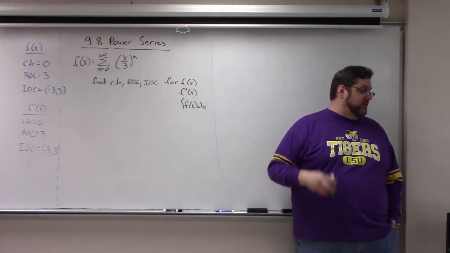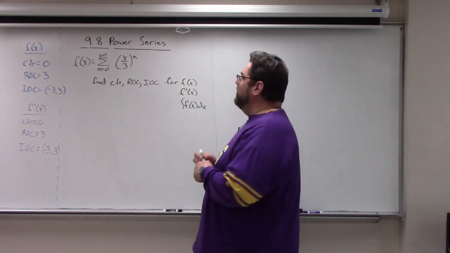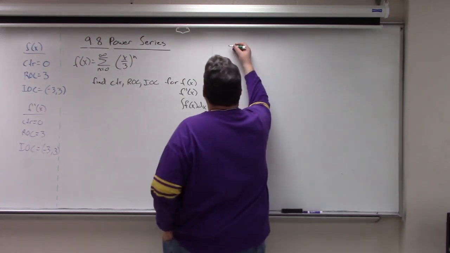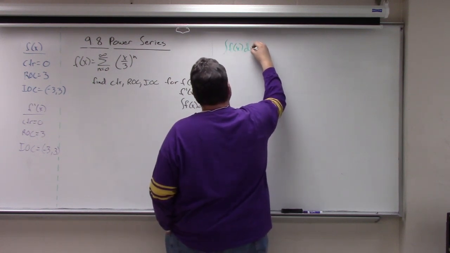All right, so now let's do the last part. And this will actually finish this up in power series. I want to look at the integral. So I want to find the integral of f of x dx.